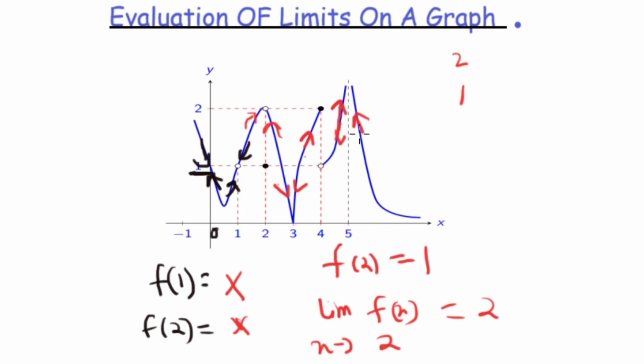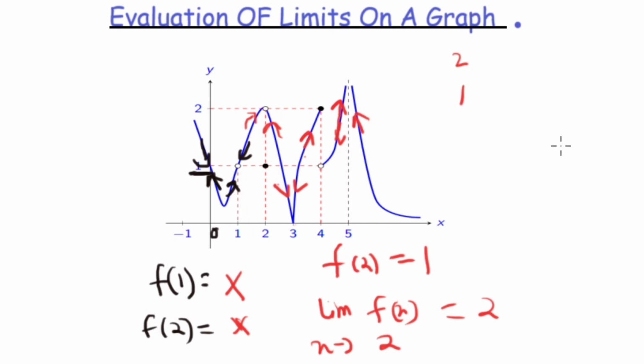So the limit as we approach 5 from the left and right goes on and on and on. Therefore, the limit does not exist since the limit approaches infinity at the value x equal to 5.